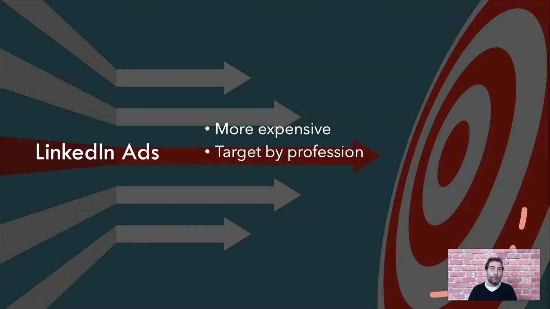Some people do, obviously, but because Facebook isn't primarily a business platform, that's not the number one thing that everyone puts in their profile. So Facebook has less of an idea what people do for a living, what kind of job they've got, than LinkedIn does. So if you're looking to target by profession, LinkedIn can often be a better bet for that than Facebook ads.